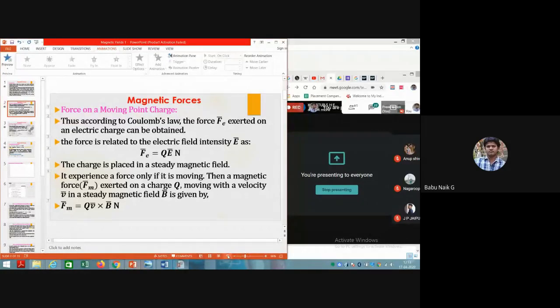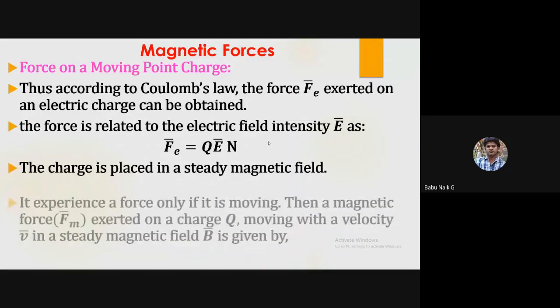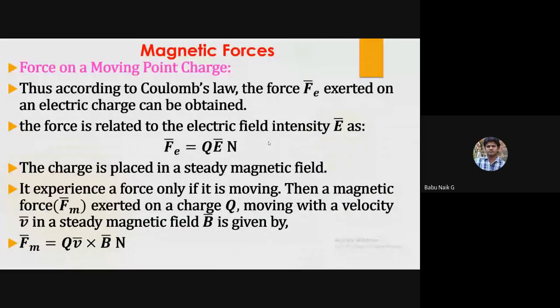So the force in a magnetic field is the charge and then the velocity cross B bar. For the charge, we take either a positive or negative charge, whatever it may be, and consider its magnitude.